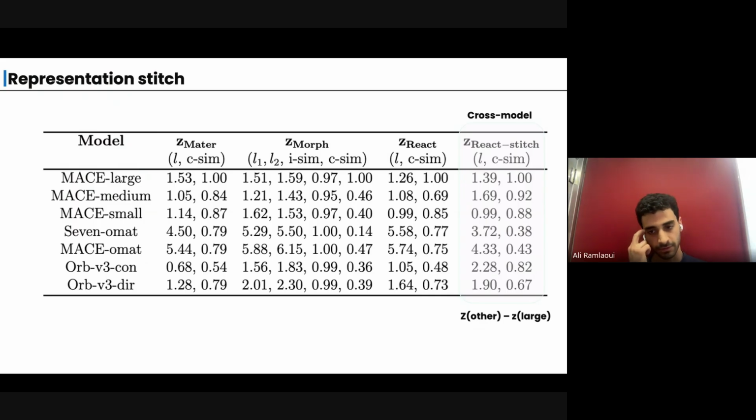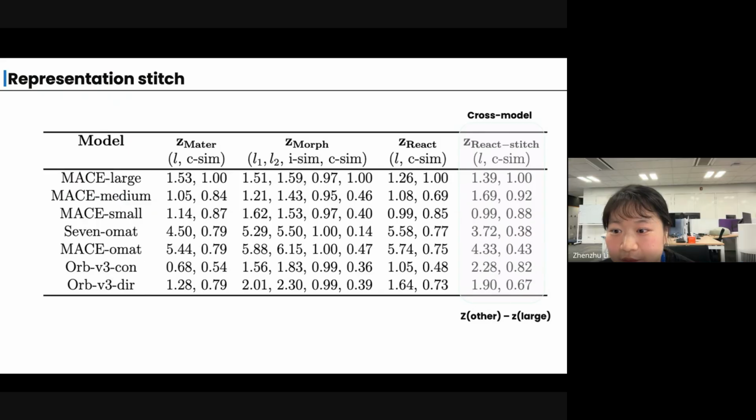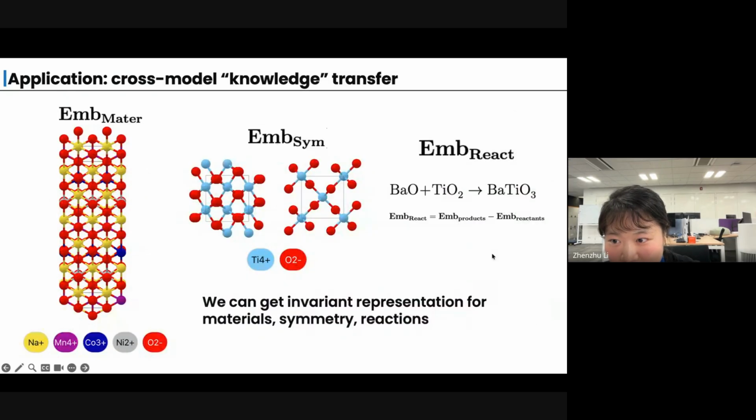Why is it that these can be correlated somehow? Explain that you can stitch them. Yeah, so the similarity is like we stitch, for example, we take any other model, and then we take the reactants from MACE large.